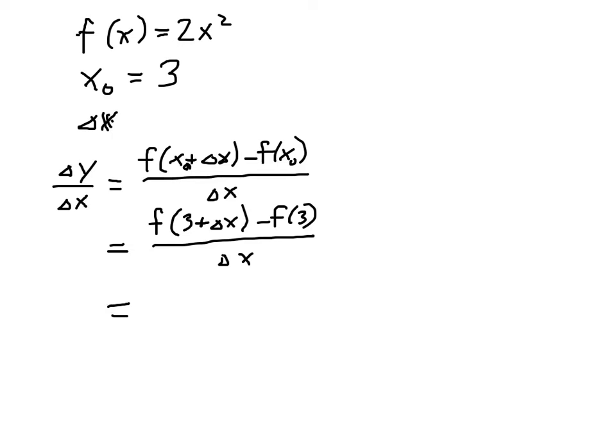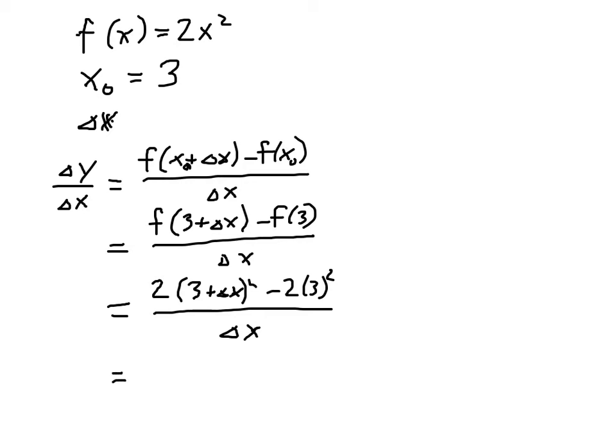Let's substitute into the given function and simplify. F of 3 plus delta x will be 2 times 3 plus delta x squared. Then substituting 3 into the same function, I'll have 2 times 3 squared, all divided by delta x. Continuing to simplify, I'm going to take that 3 plus delta x and square it.